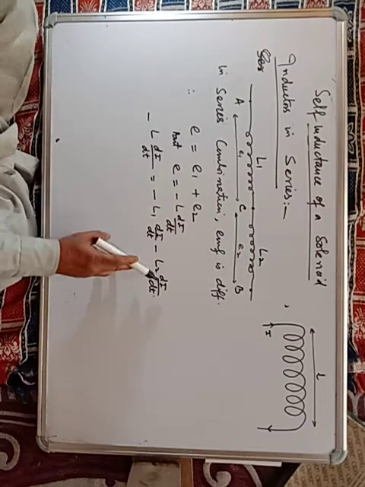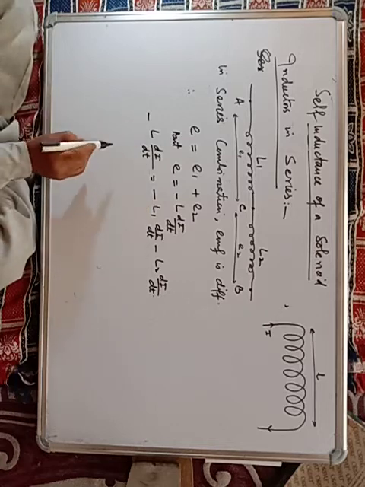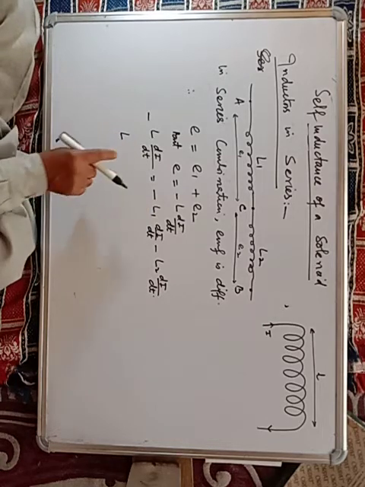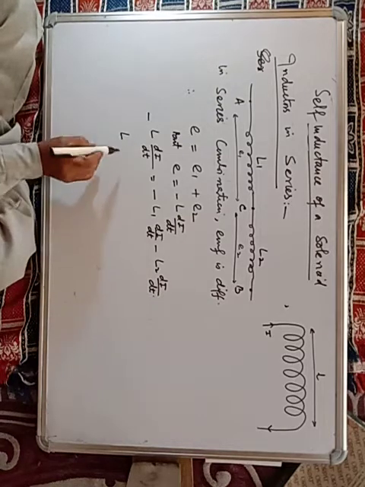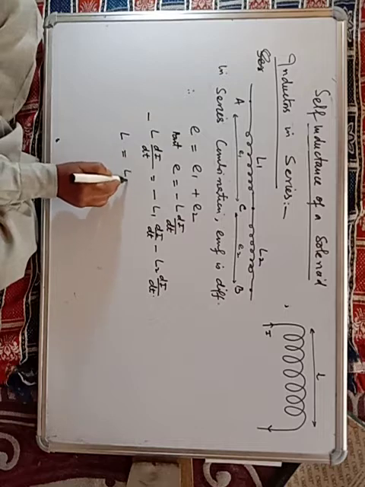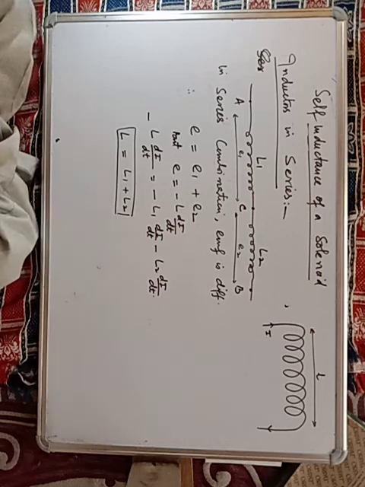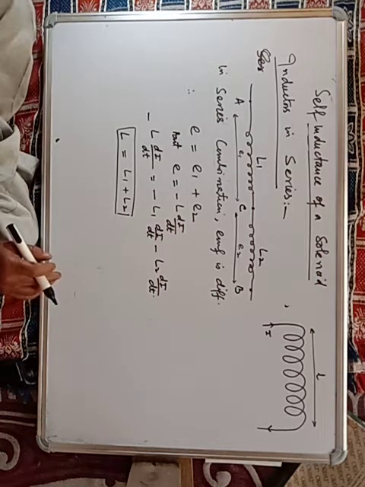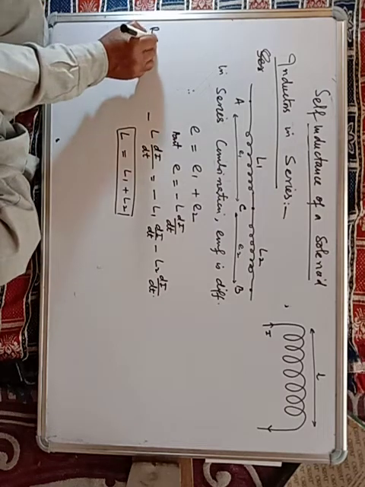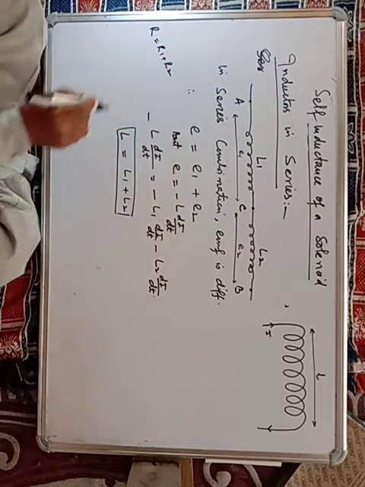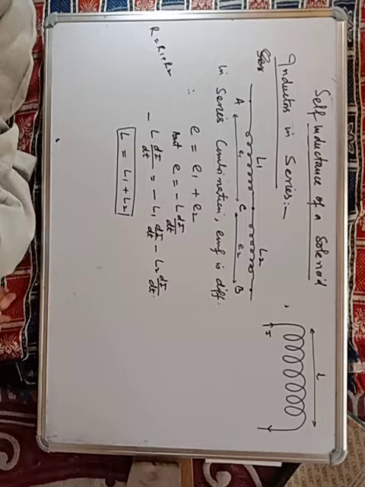Here also I, because it remains constant. The minus will get cancelled from all sides, and di by dt will get cancelled. So we will get here L is equal to L1 plus L2. So this behaves similar to the resistance connected in series, as there also R is equal to R1 plus R2. In case of the inductors, again L is equal to L1 plus L2.